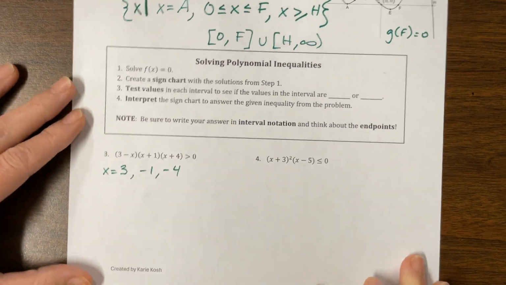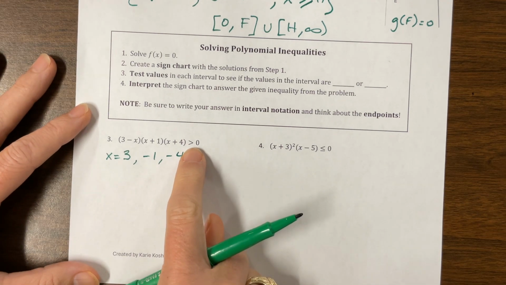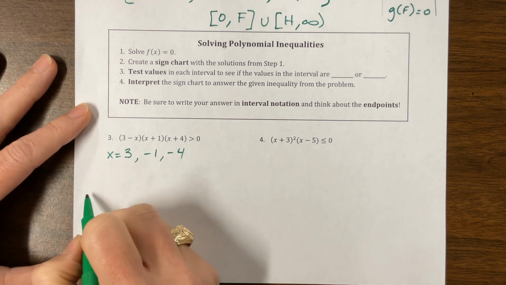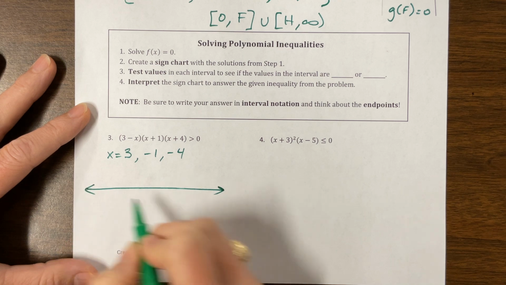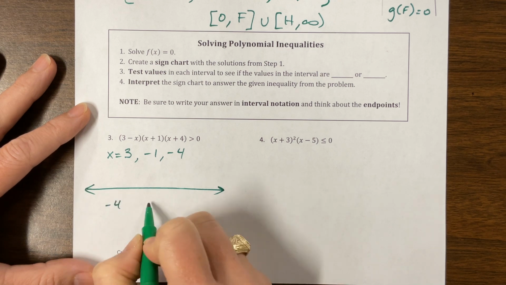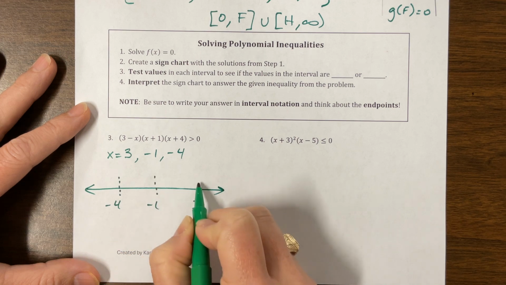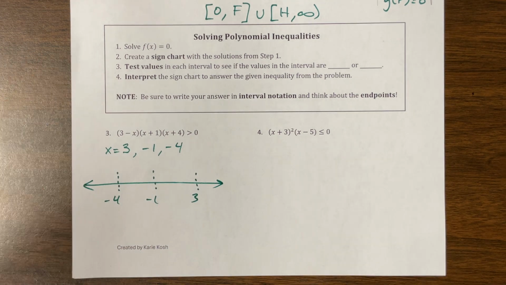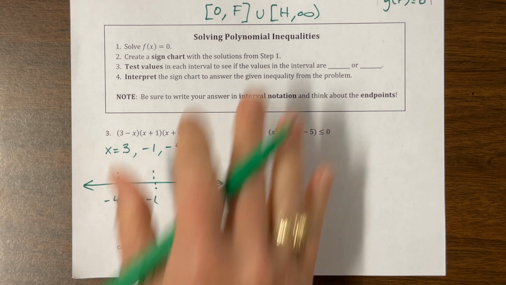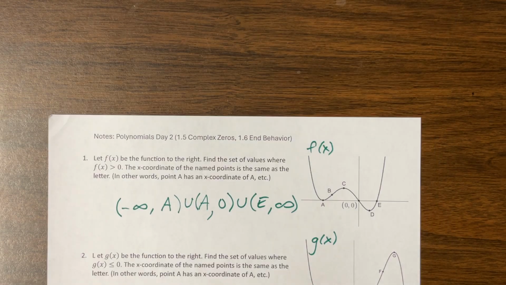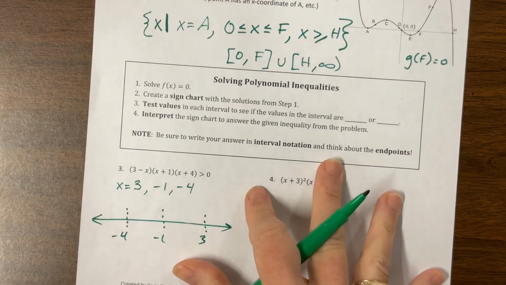But notice on here, I don't want to equal 0. So when I do my sign diagram, I'm going to have -4, -1, and 3. I'm going to use a little dotted line instead of the dash from before, because this is reminding me that I cannot be equal to those values. Up here I could have done the same thing if I'd made a sign diagram, but I intentionally waited to do it now.